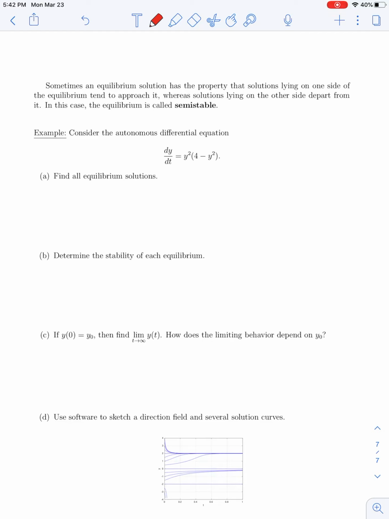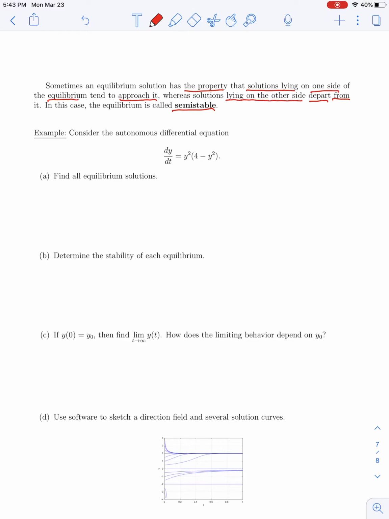A semi-stable equilibrium would be one which has the following property: solutions which lie on one side of our equilibrium will approach that equilibrium, and solutions lying on the other side will depart from or move away from that equilibrium. So in this case, we have what is called a semi-stable equilibrium, if we're only approaching it from one side.